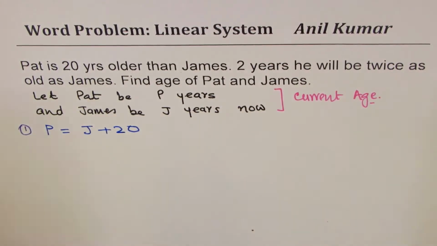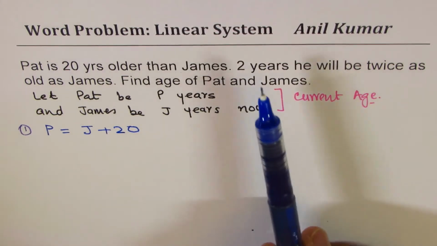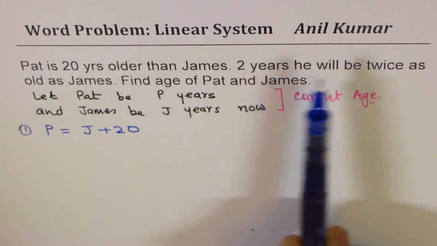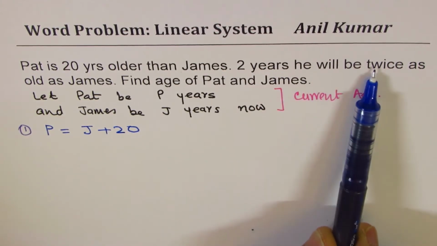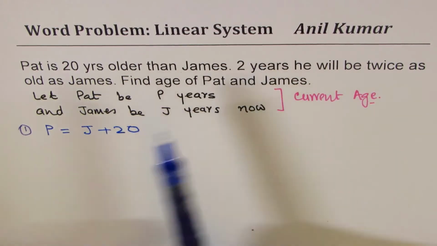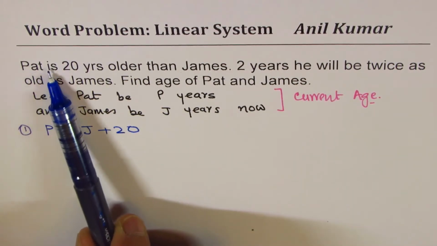Now the second equation comes from the second statement. In algebra, every statement can be written in the form of an equation. After 2 years he will be twice as old as James. So after 2 years, what will be the age of Pat?